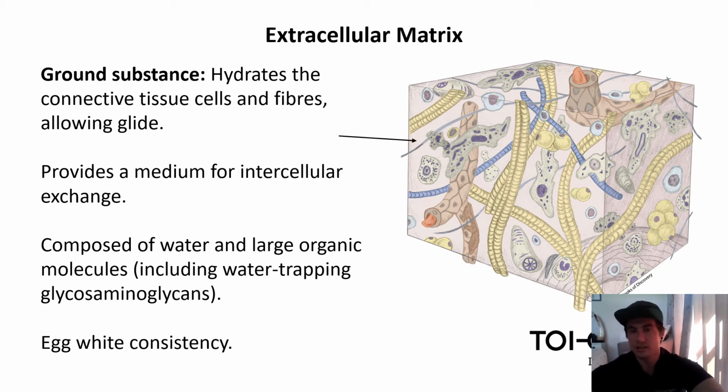Intercellular exchange is communication between different cells. Intracellular exchange would be within the cell itself. In terms of substance, it's like water, and it has large organic molecules, and it's like egg white consistency. So it's that gooey kind of consistency.